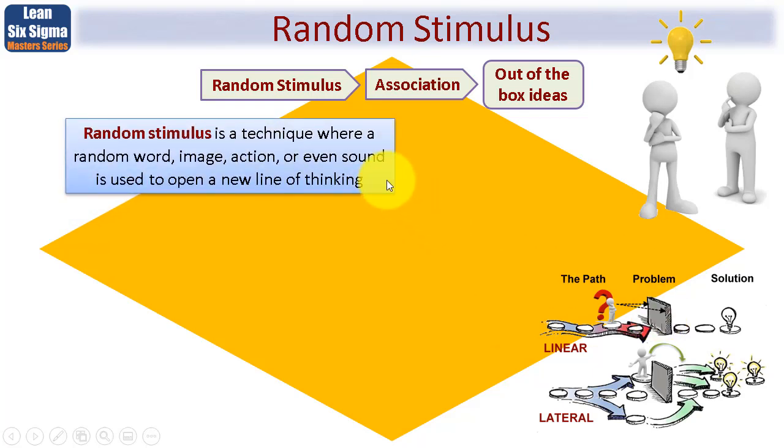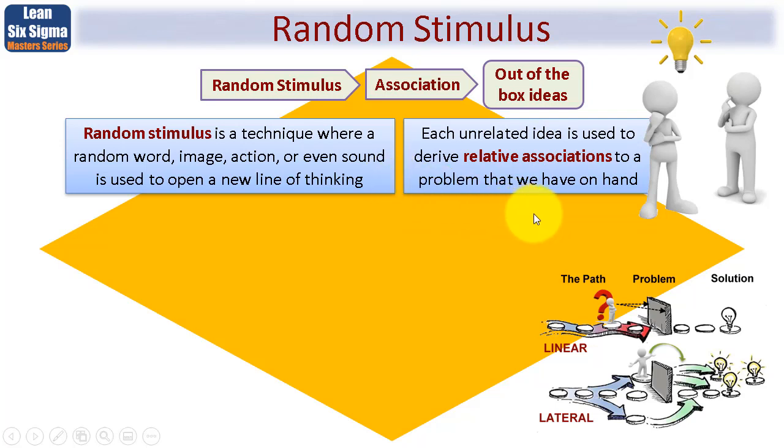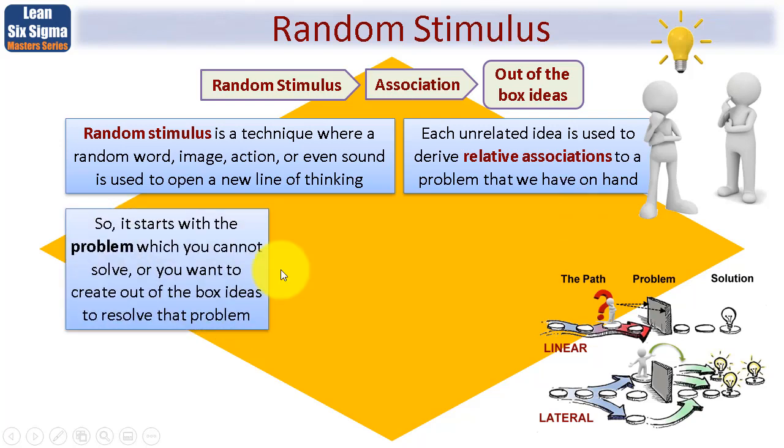Fairly obvious, it is a technique where a random word or a random image or an action or even a sound is used to open a new line of thinking. So each unrelated idea, much like the doghouse, is used to derive relative associations to a problem that we have on hand. So it starts with the problem, which you cannot solve, or that you want to create out-of-the-box ideas to resolve.